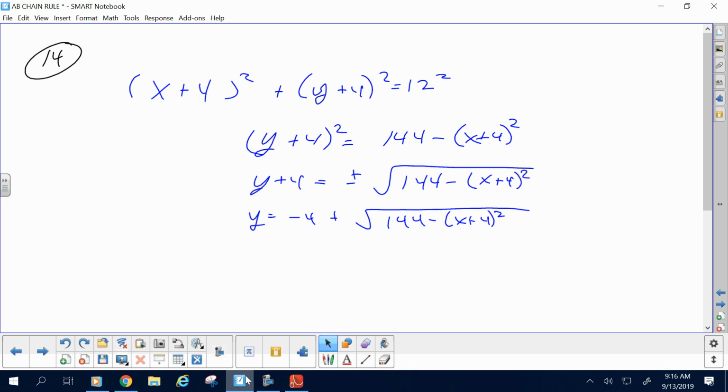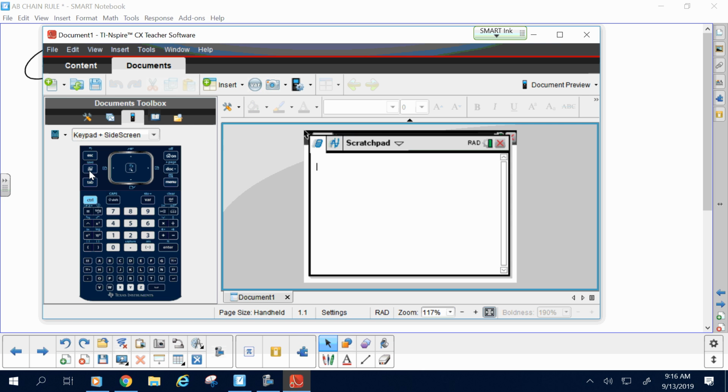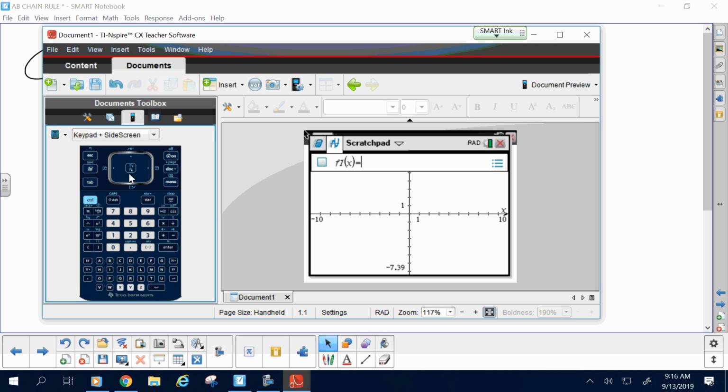Solve the equation for y in terms of x and take the top half of the circle, which is the positive y. Plug that into your function. Negative 4 plus the square root of 144 minus (x plus... is it plus 2 or plus 4?